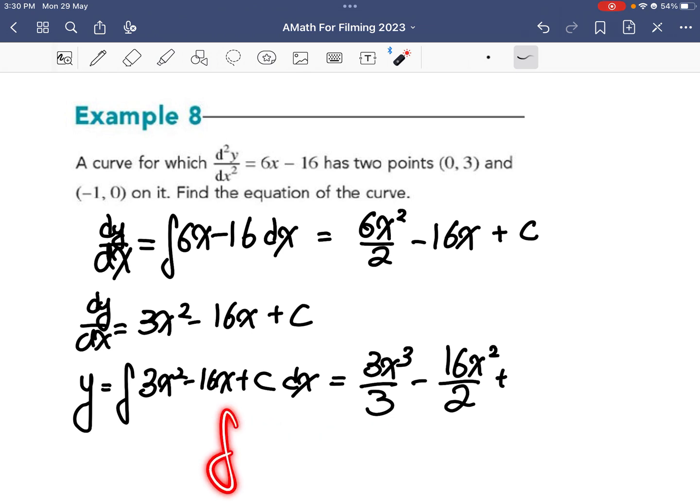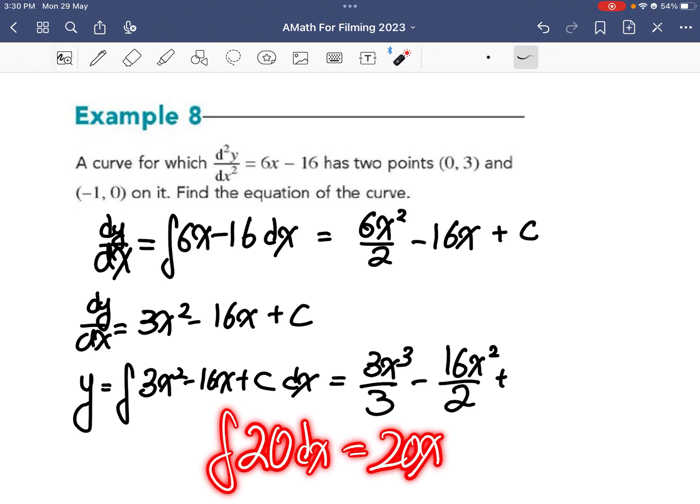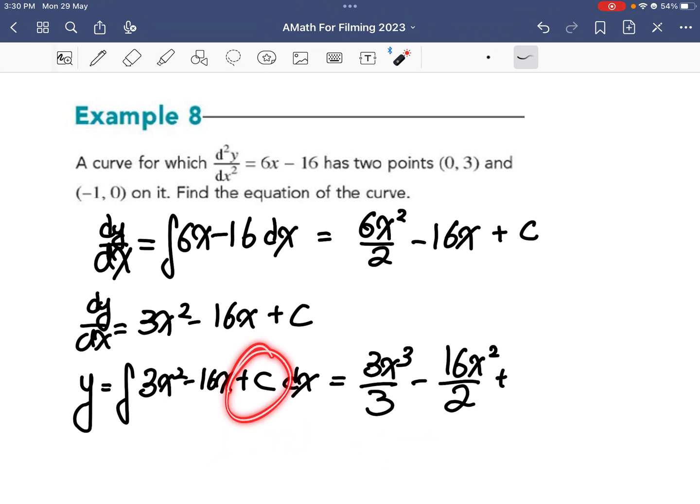If you integrate 8 with respect to x, you get 8x. You integrate, let's say, 20 with respect to x, you will get 20x. So now, if c is a constant and you integrate c, what do you think you should get? You will get cx. Then now we need another constant.